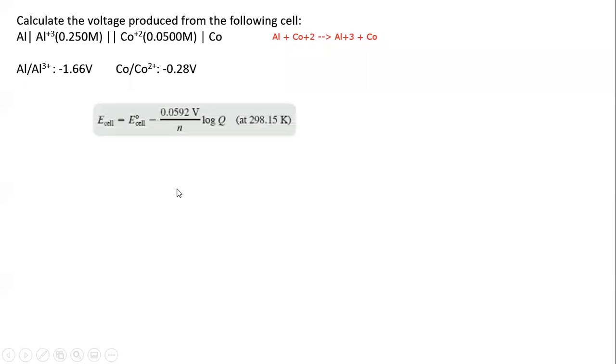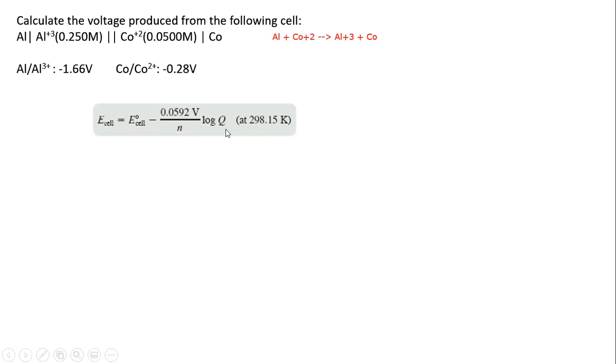So when we're calculating the cell potential at non-standard conditions, we have to use the Nernst equation. Now, since we're doing this at room temperature because no temperature was stated, we can use this shortened form of the Nernst equation. So again, E cell standard is the standard cell potential. n is the moles of electrons transferred in the balanced equation.